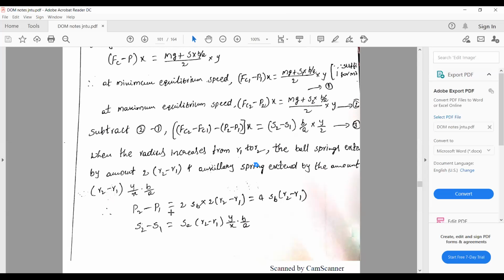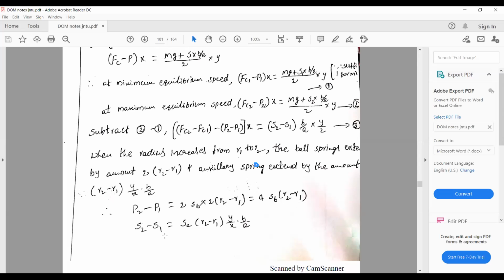So they also calculated P2 minus P1, the tension in the main springs. P2 minus P1 equals 2 into SB into 2 into R2 minus R1, that equals 4 into SB into R2 minus R1.